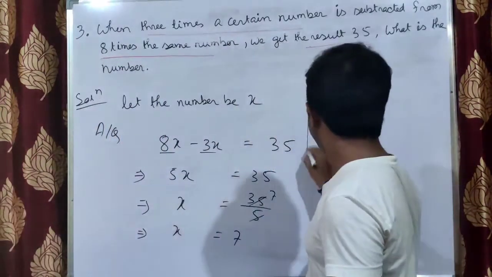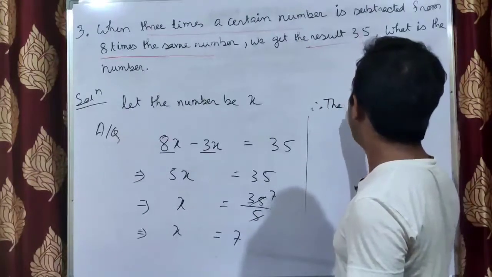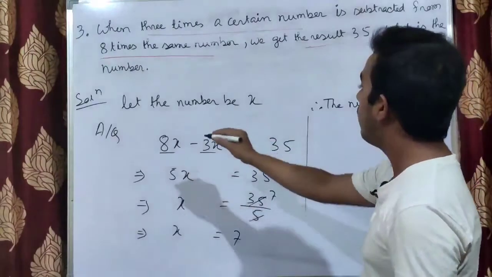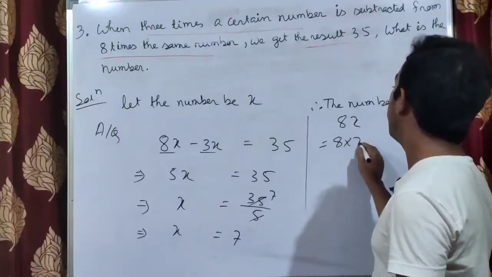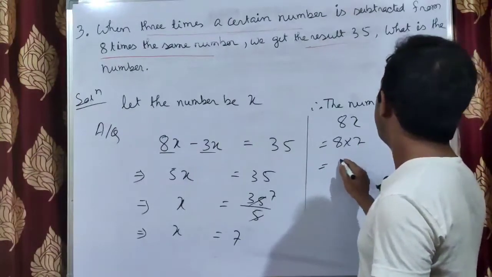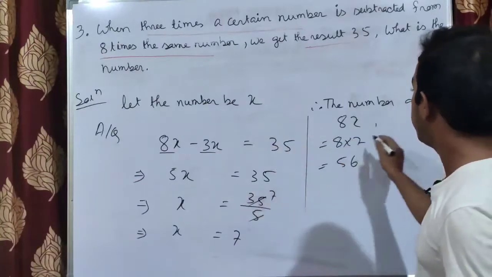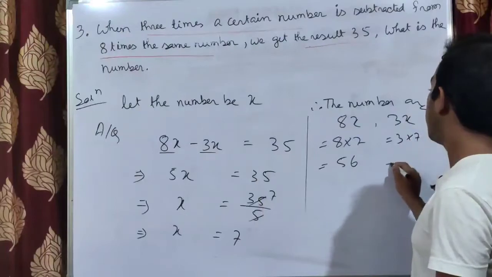So we will write therefore the numbers are what? First one is what? 8x. 8x means what? 8 into 7. 8 into 7 is what? 56. And second is what? 3x. So 3 into 7 is what?